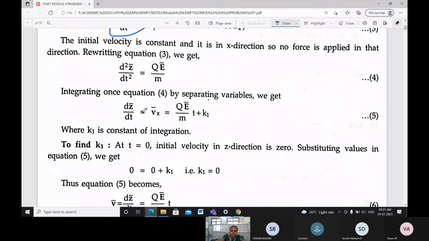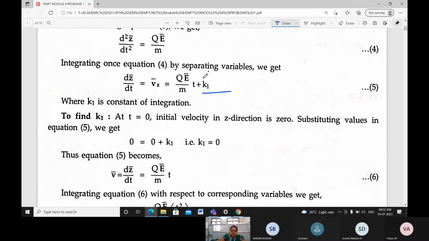Therefore dz by dt, which is vz, equals q E divided by m, since this is a constant, integrated with respect to t. The integration of 1 is t plus a constant, which we get as k1, the constant of integration.